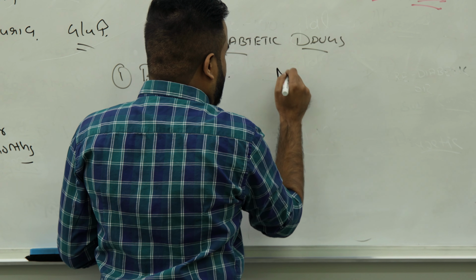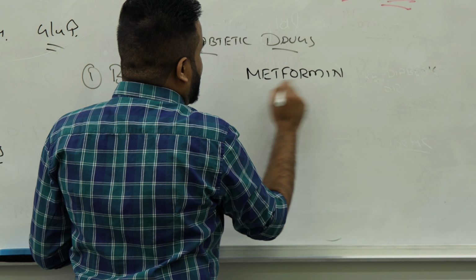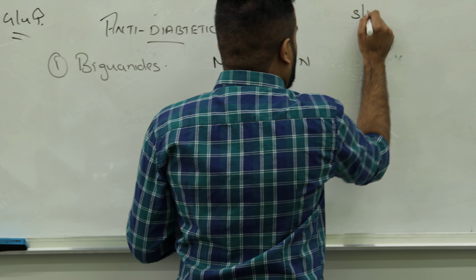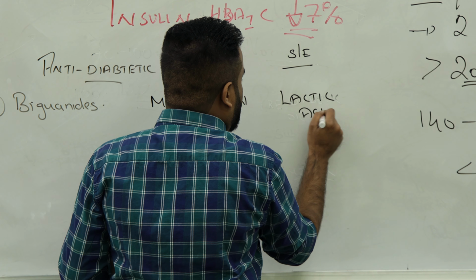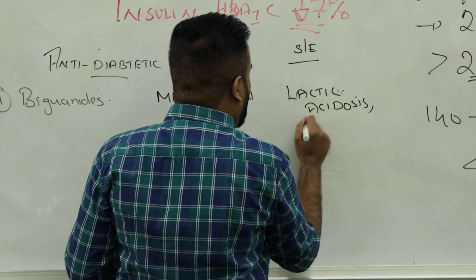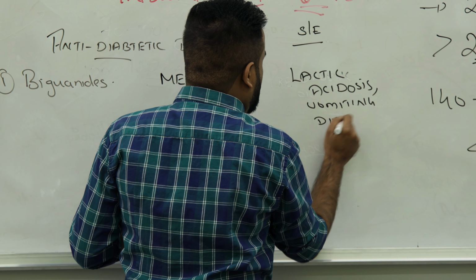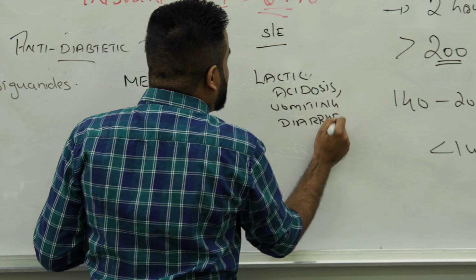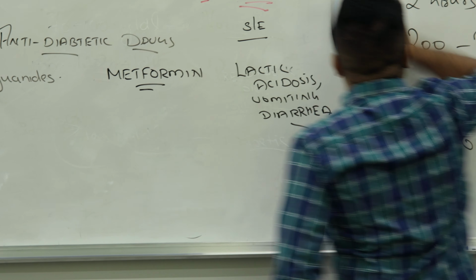Metformin. Metformin is the first line drug. The problem is their side effects. They will cause lactic acidosis, vomiting, diarrhea. The dangerous side effect is what? Lactic acidosis. They will cause acid in your body. My God.